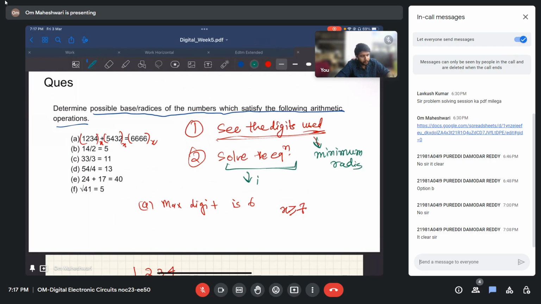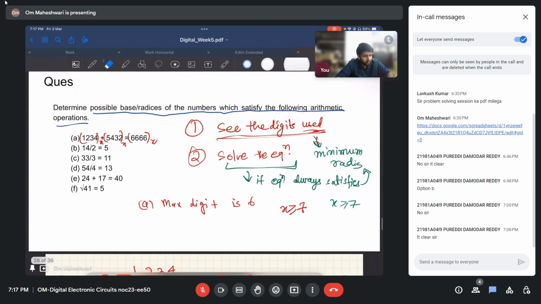And if the equation always satisfies, then the answer is what we get from here, something like x greater than or equal to 7. And if we have to solve the equation to find x, then we get whatever x it is.